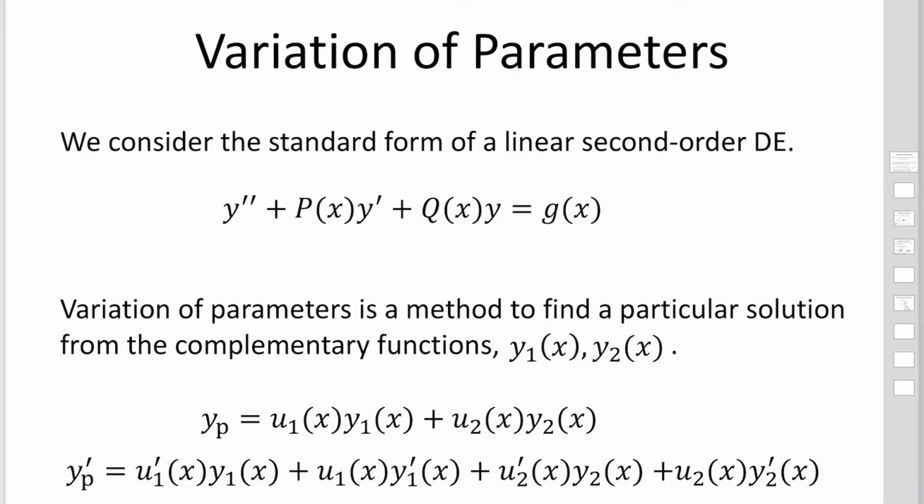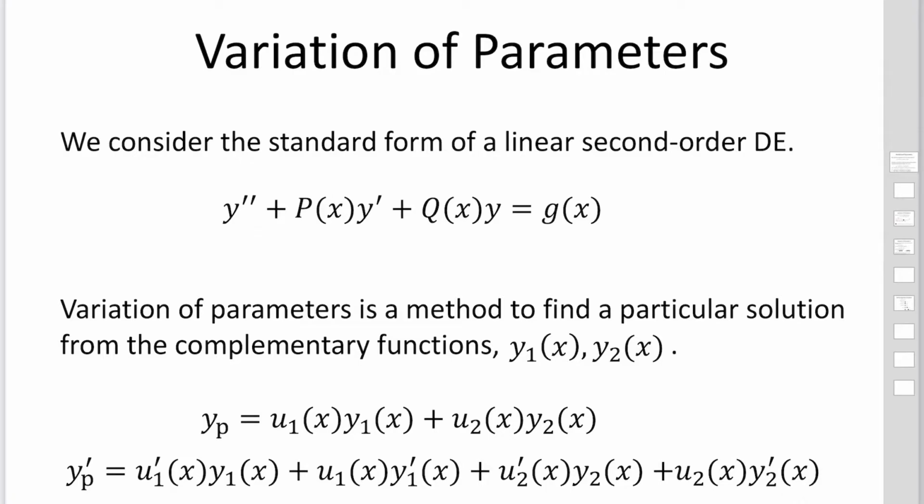In this section, I'd like to explain the variation of parameters. So we consider the standard form of a linear second-order differential equation. In the last sessions, I explained how to discover a particular solution by looking at the expression of g(x).